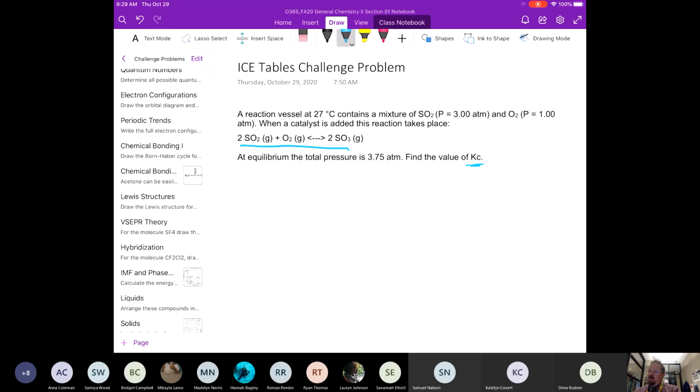So if we look, we can define this equilibrium constant, capital K, in terms of pressure. That is going to be equal to the pressure of the products raised to their coefficient divided by the pressure of the reactants raised to their coefficients.